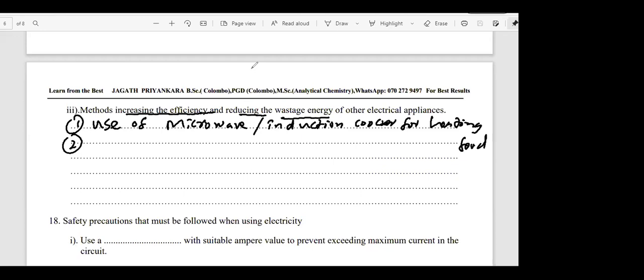What are the other instances? You can use a hot plate or immersion heater or electric kettle for boiling water instead of a gas cooker.